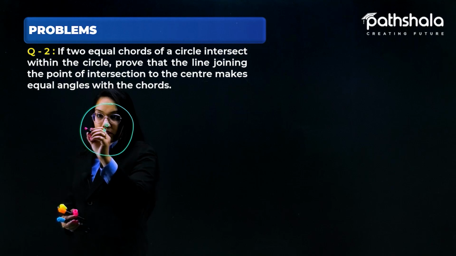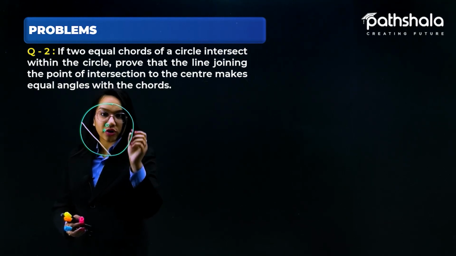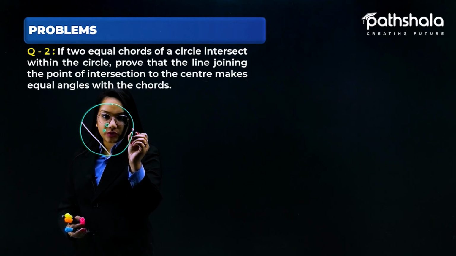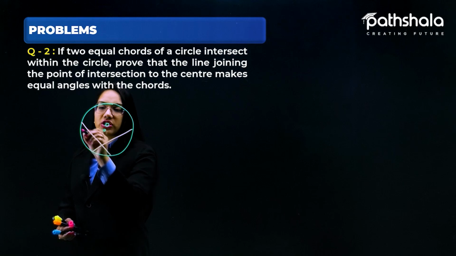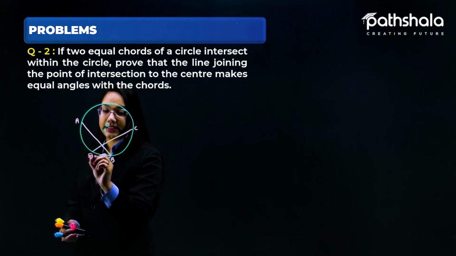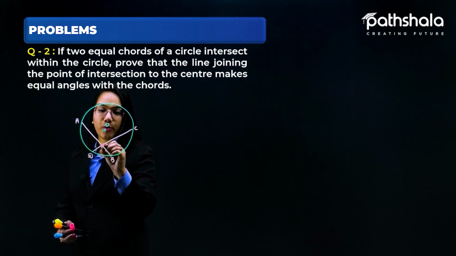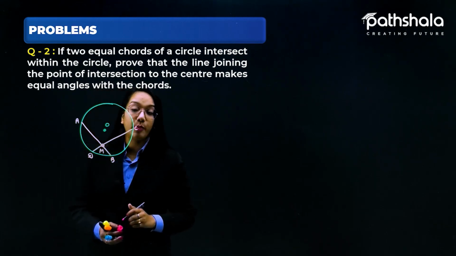Let us suppose I take this chord as AB, and this as CD, and the point of intersection I take as M.